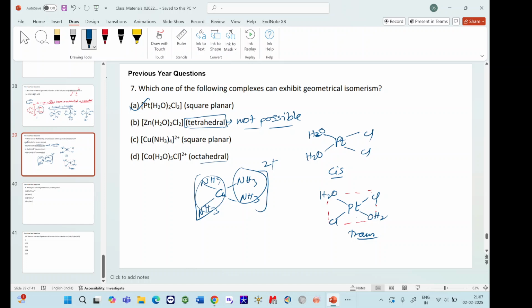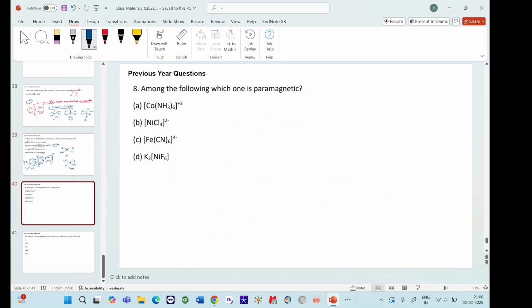And then you have octahedral, but here also you will have the same molecules all over. So in this case also, whatever place you assign to this chloride ion, it will be the same isomer. So this cannot show any geometric isomer, only one can show. This is the right answer.